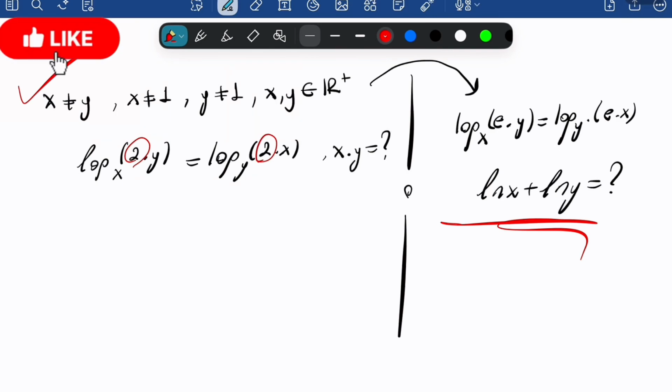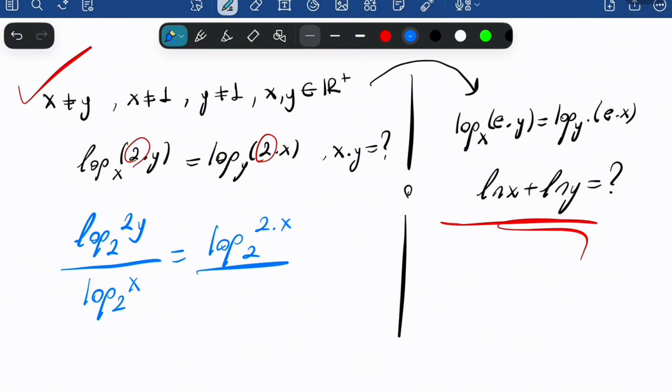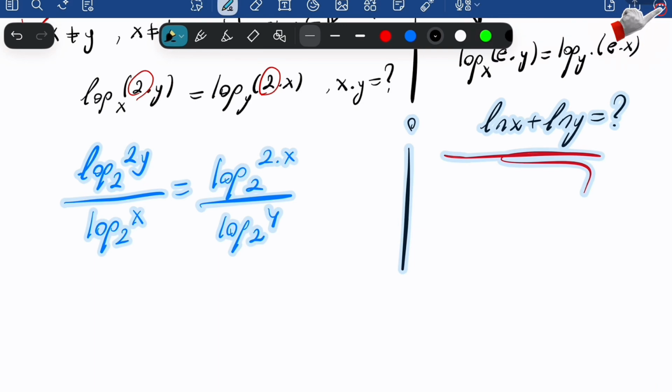Then I use this expression. I try to write it according to logarithm base 2. Log base 2 of 2y over log base 2 of x equals log base 2 of 2x over log base 2 of y. Then, using the properties of the logarithm, I try to break these expressions.